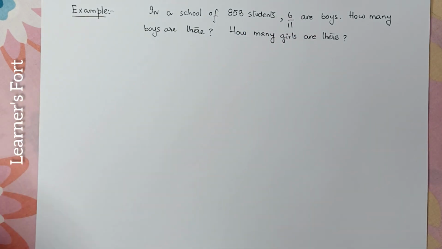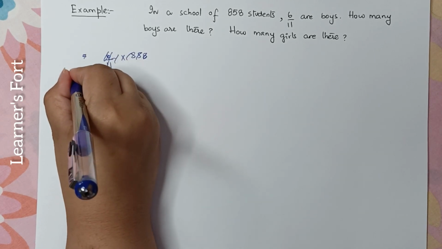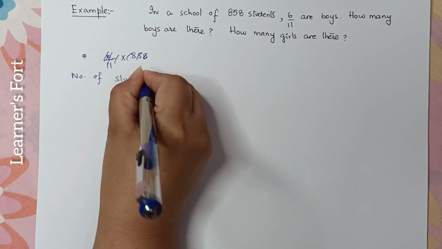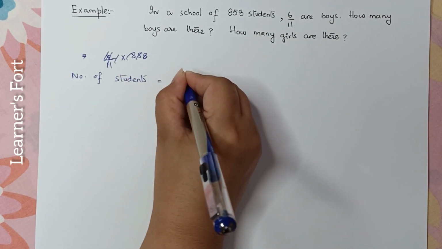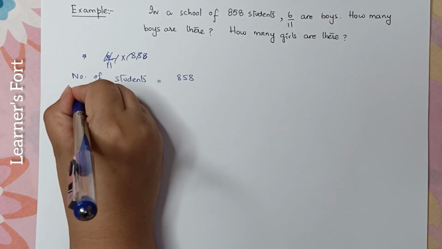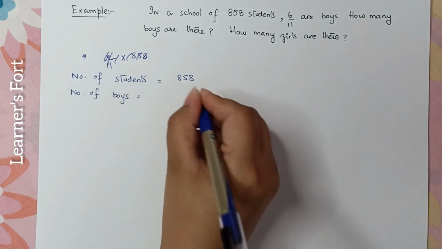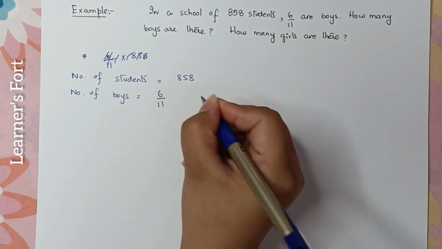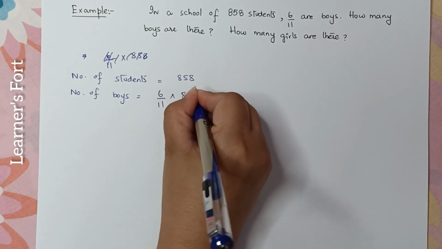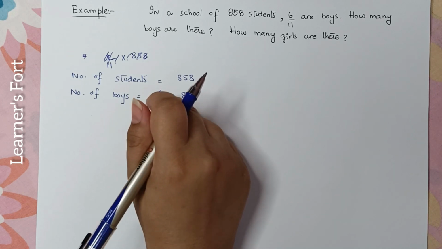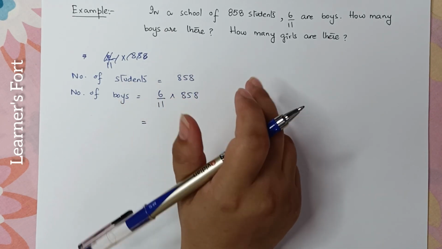So we know that the number of students is 858. For the number of boys, we know that 6 upon 11 of 858 will lead to the number of boys, which is 6 upon 11th part of 858.